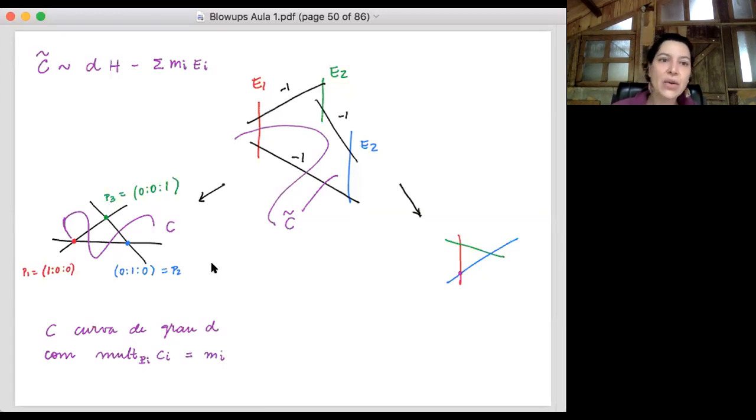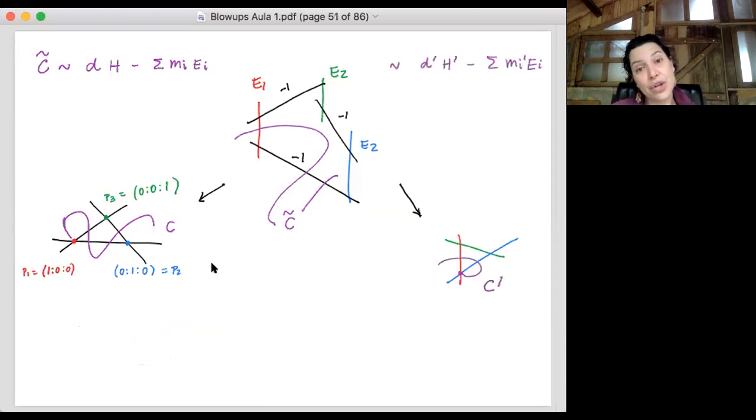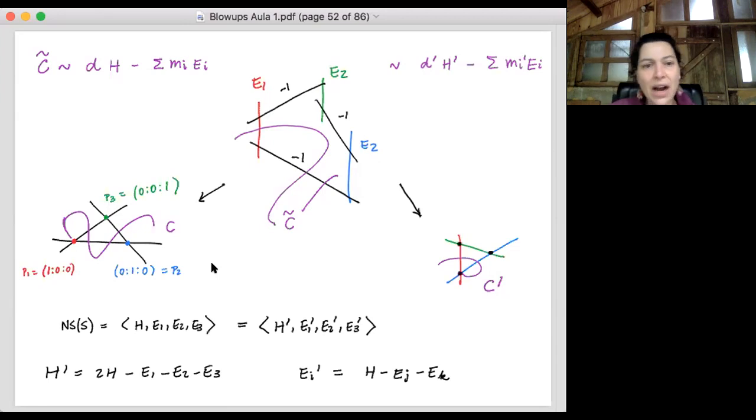But notice that instead of the first realization as a blow up, I could choose the second realization of the surface as a blow up of P2. And then this would give me a different basis of the Picard group, which I'm denoting by H prime and Ei prime. And these are different bases for the same Picard group, or for the Néron-Severi space.